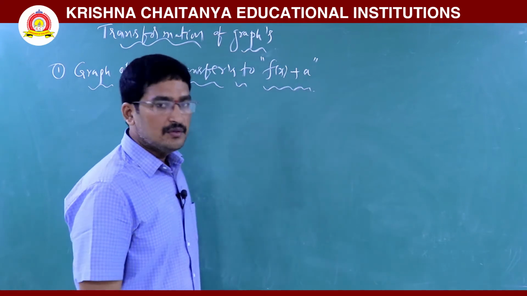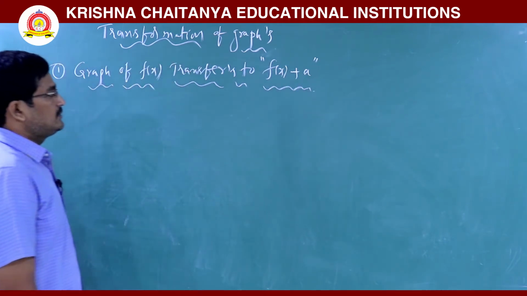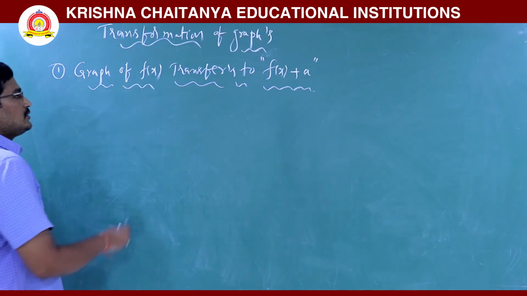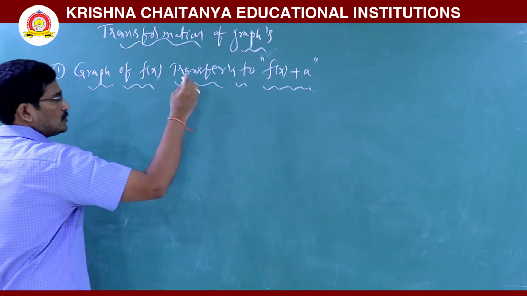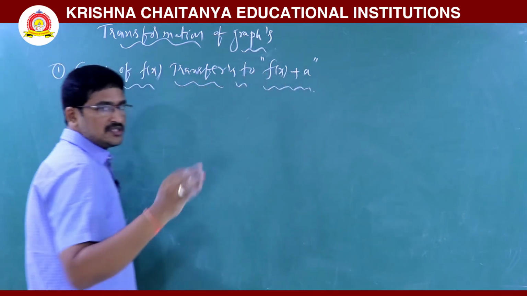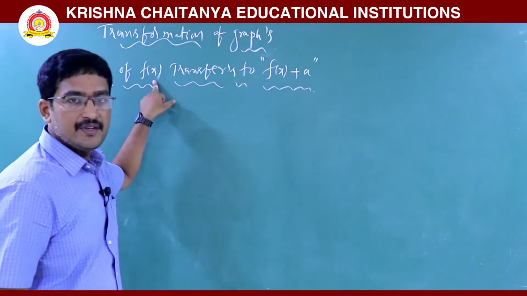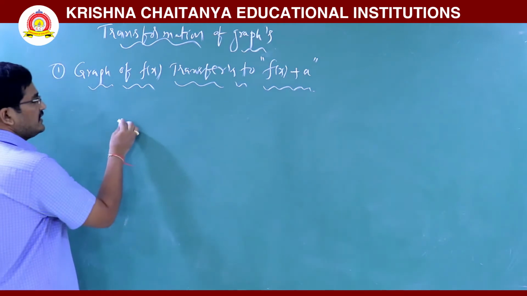We have to learn that now. See here, please. If the graph of f of x transfers to f of x plus a, to draw this curve you just have to shift the graph of f of x.